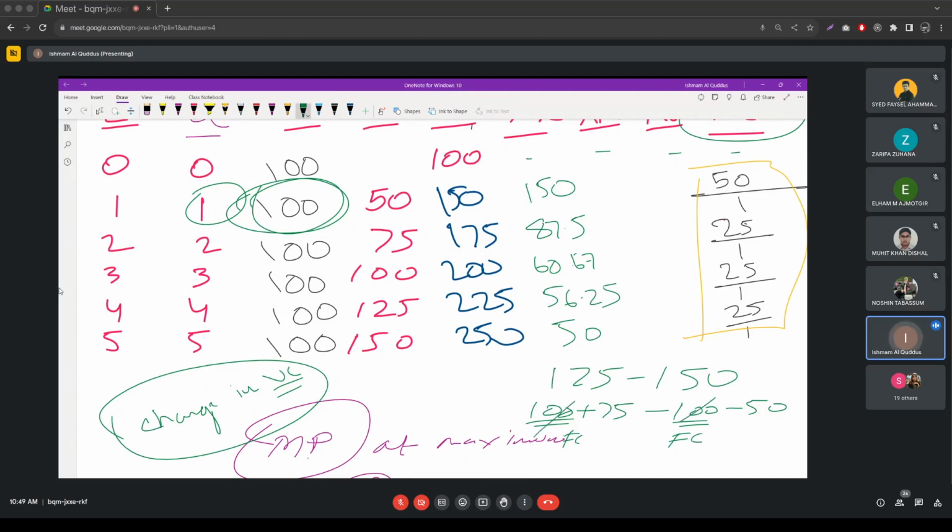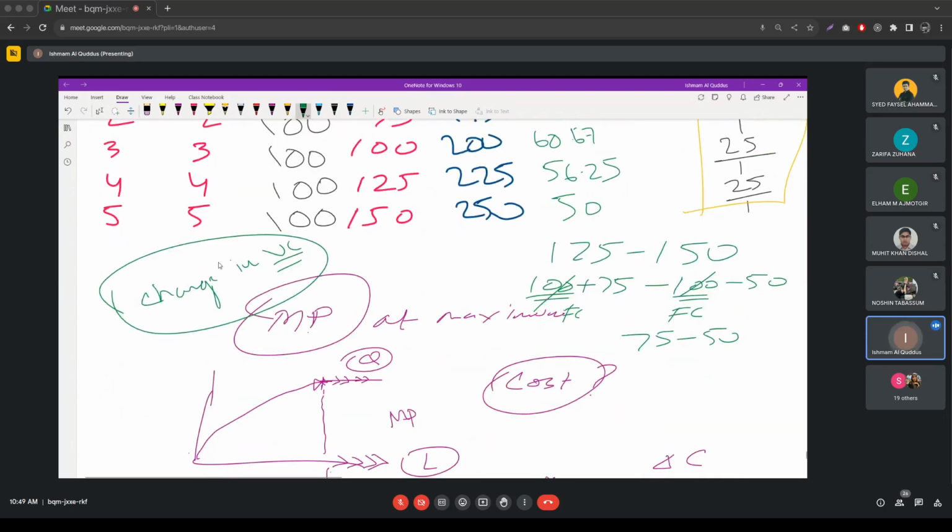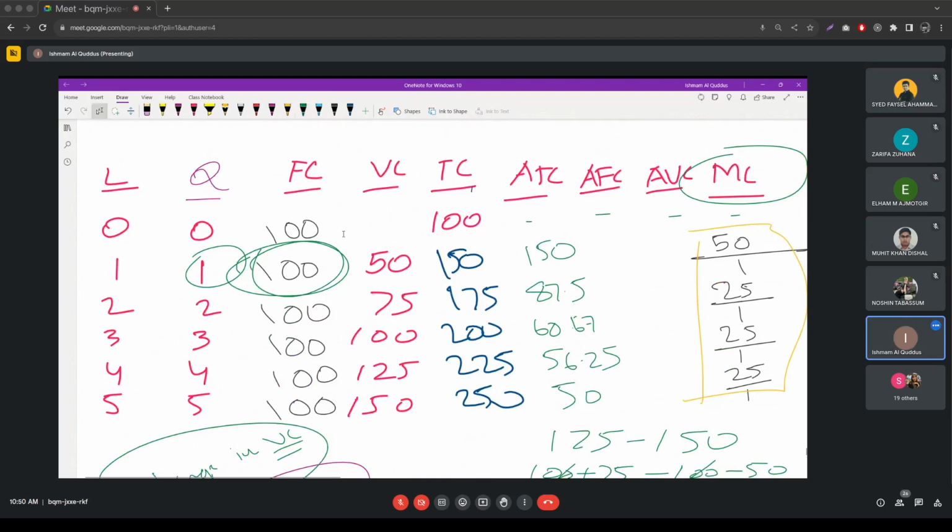So these two cancel out each other. So 75 minus 50, the change in variable expense, VC2 minus VC1, then divide this by the quantity level. It's the same thing, I just mentioned one, because I might give questions like this where I might not even mention the fixed cost. So there could be problems where you would be asked to solve back calculations. All right.